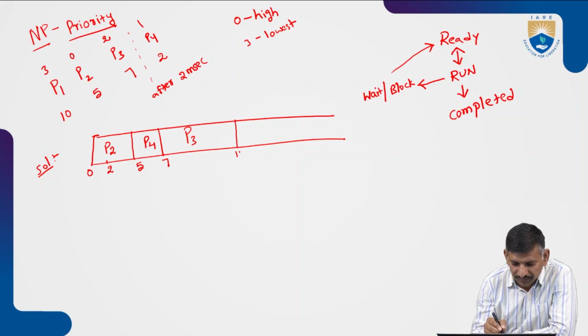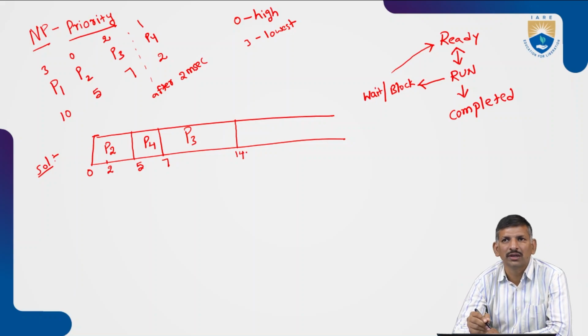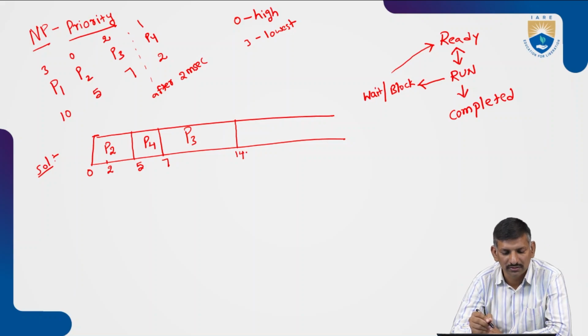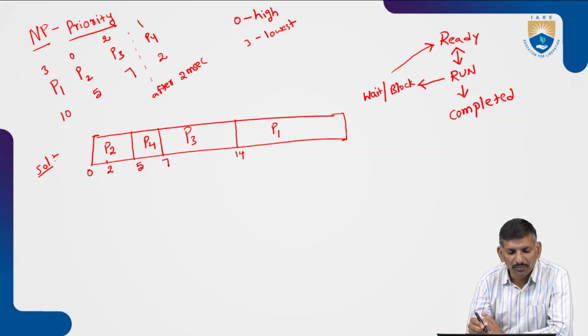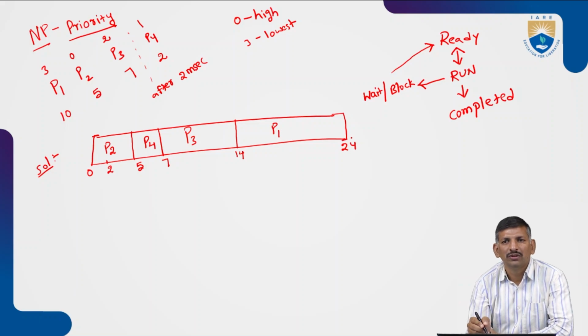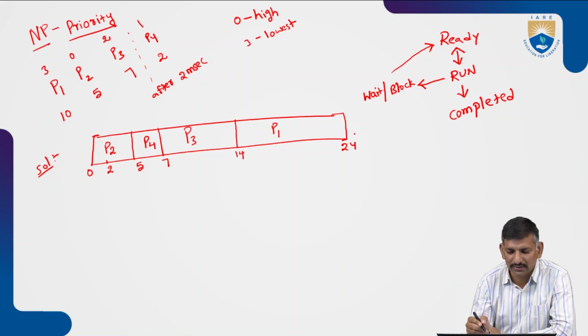So, its execution completes at the 14th millisecond. Again, check the ready state. P1 is available here, so that is scheduled for execution. P1 execution time is 10 milliseconds, so its execution is completed at the 24th millisecond.